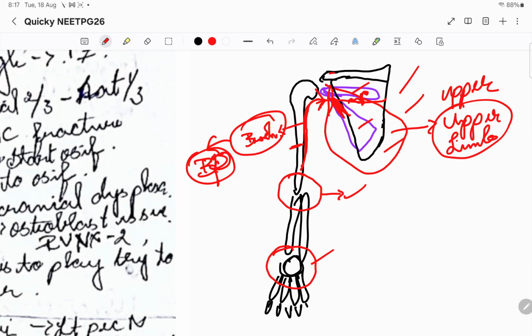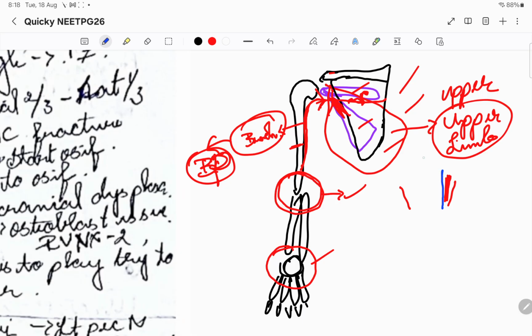Then coming down, we discussed about cubital fossa, its orientation. That is, the lateral most part was radial nerve, medial most part was the median nerve. Between that, here the muscle brachialis was there. Then next to it was the cephalic vein.